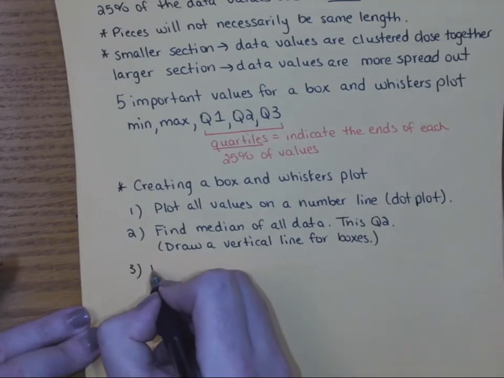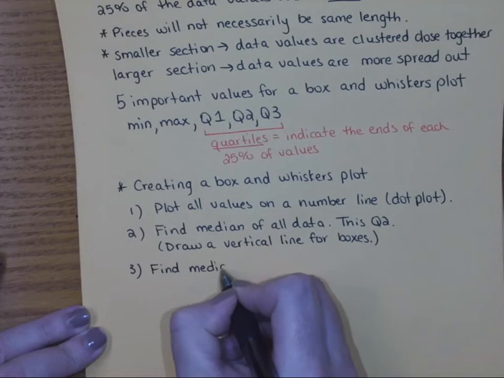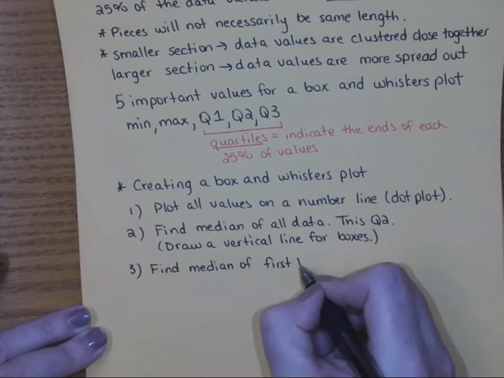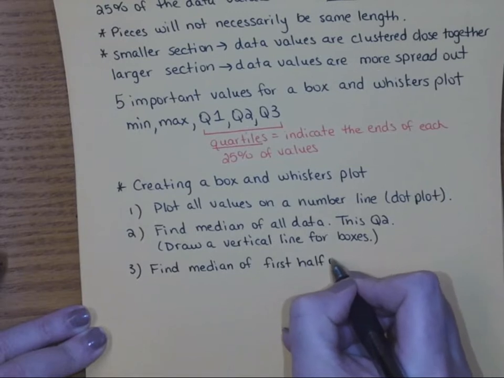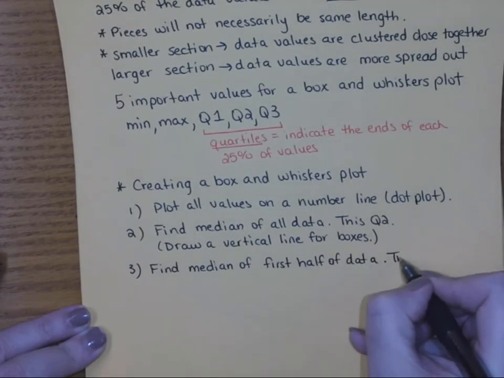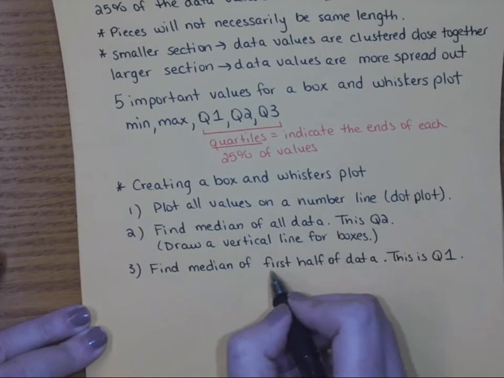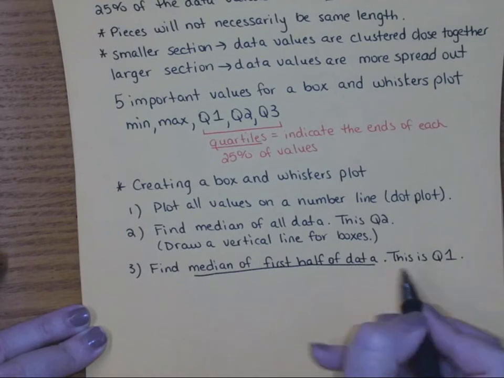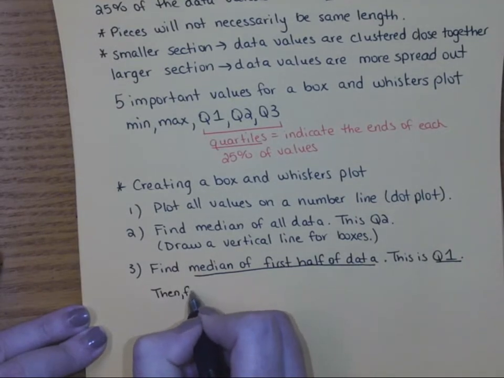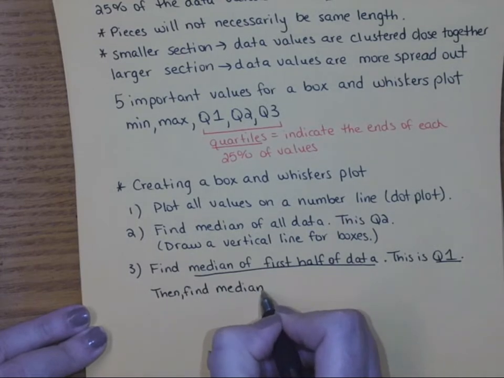Step number 3 is then you're going to find the median of the first half of the data. This is Q1. So the median of the first half of the data is Q1, and then you're going to find the same for the second half of the data, and that's going to be Q3.